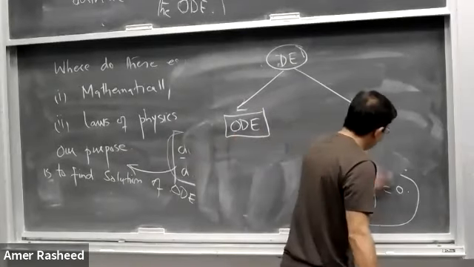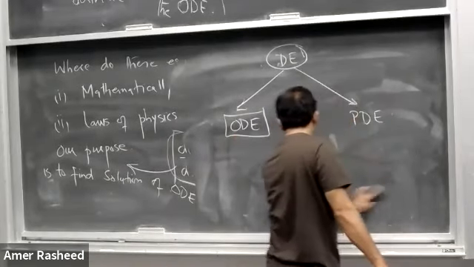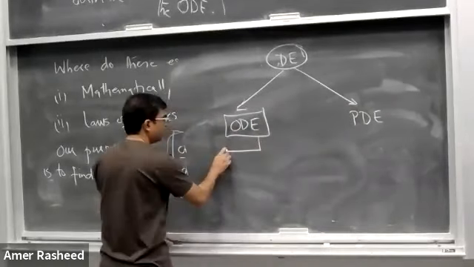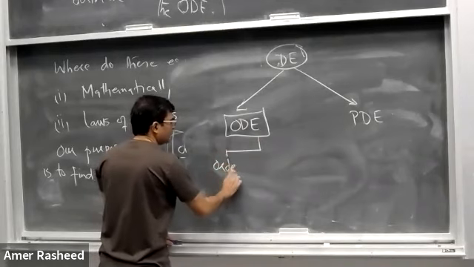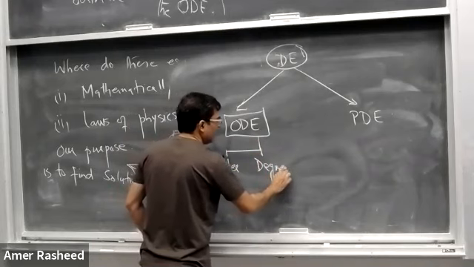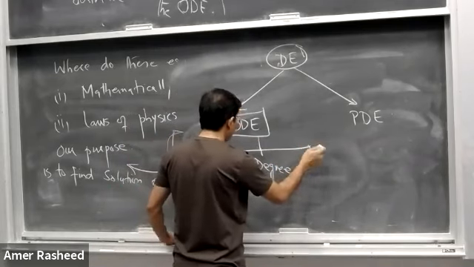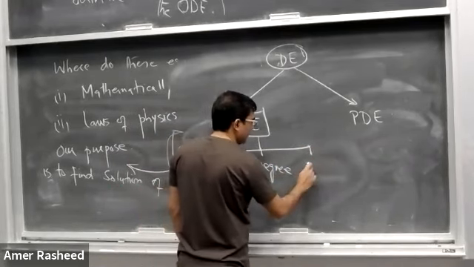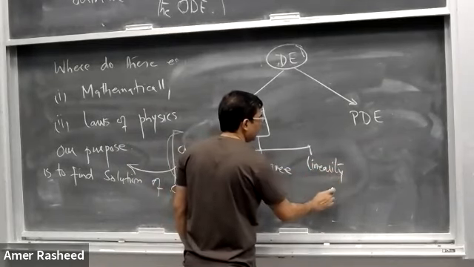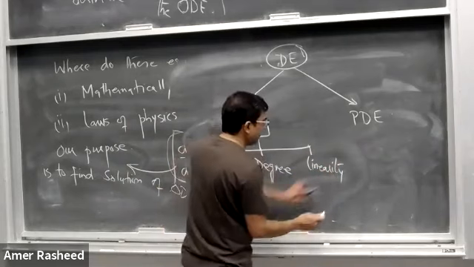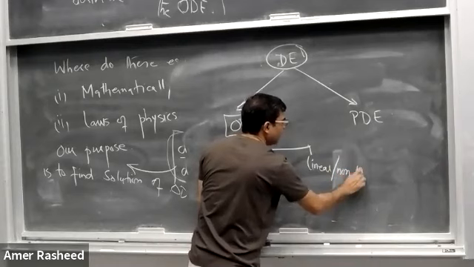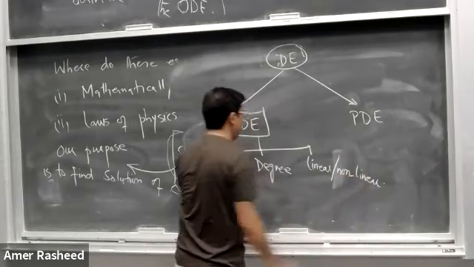Further, ODEs can be classified by using the order of ODE and then the degree of ODEs. And then we can also classify them by using their linearity property, whether they are linear or non-linear ODEs.